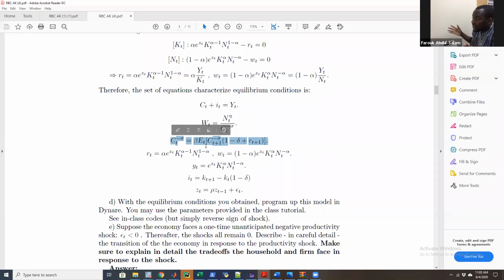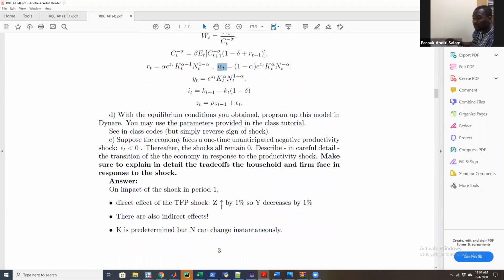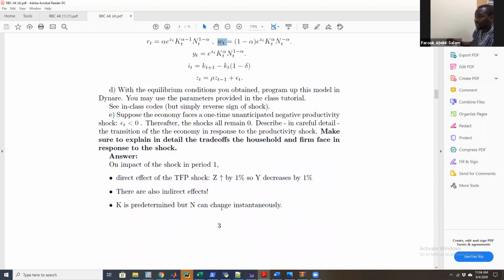Now, how does it affect C? We don't necessarily see these implications. And at the same time, there's also going to be an implication of the decrease in Z on wage. And we don't know necessarily how it's going to play out. So let me show you guys something really quick as to what I'm talking about.